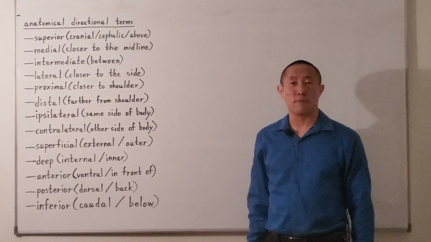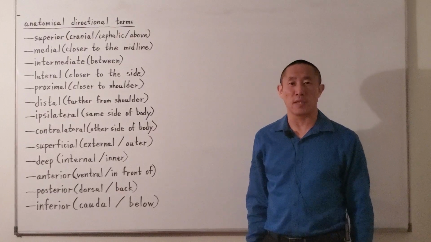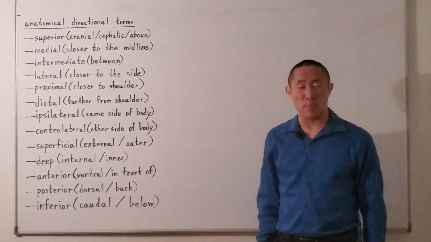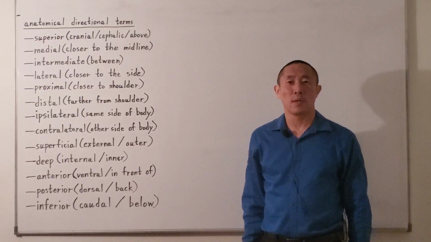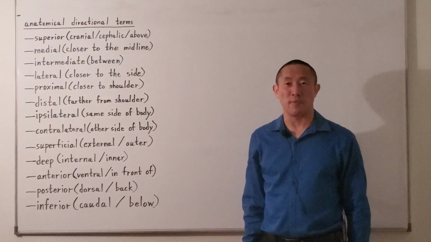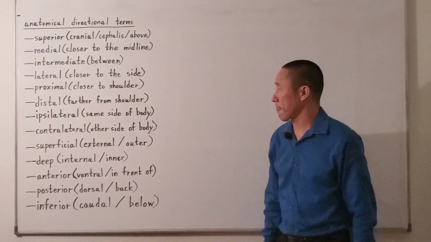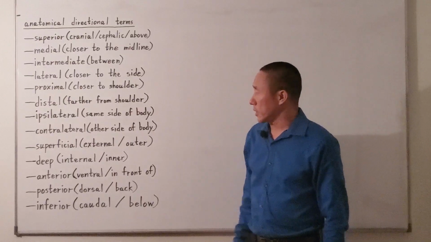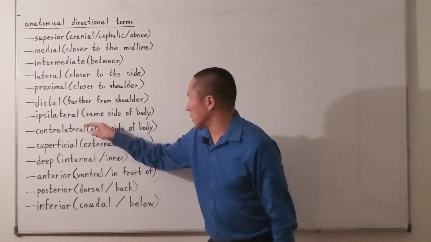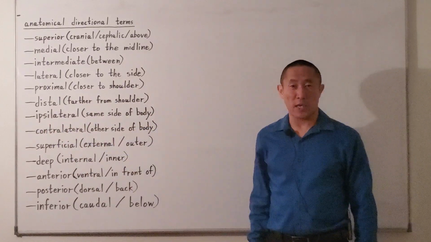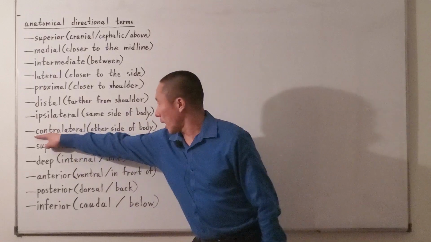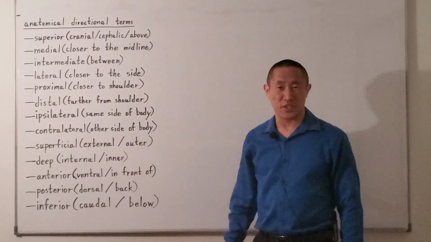For most textbooks, distal means farther from the attachment of a limb to the trunk. Ipsilateral means same side of the body. Contralateral means other side of the body.